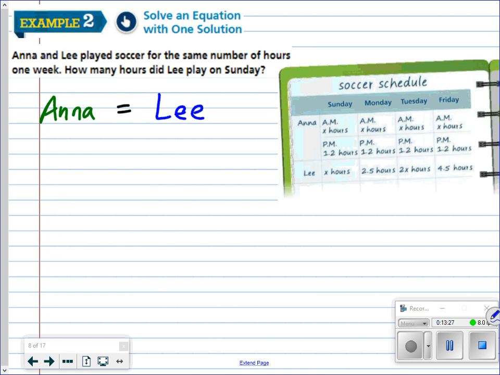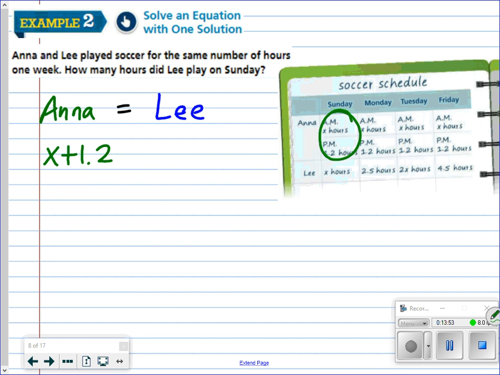All right, so let's look at their schedule. We've got Sunday, Monday, Tuesday, Friday. Anna played for X and then 1.2 hours. So I could show that as X plus 1.2. That's one day. But she did that for 4 days, right?